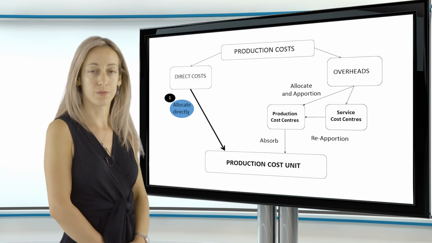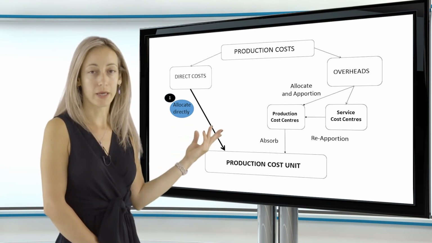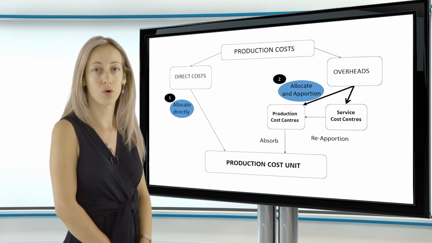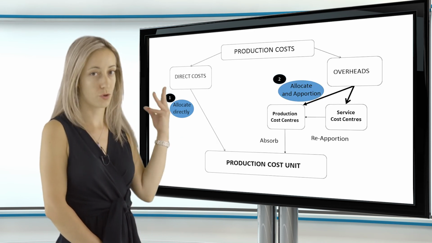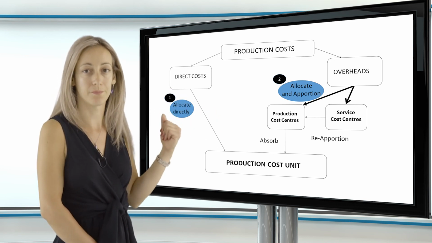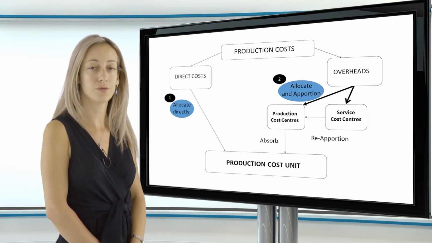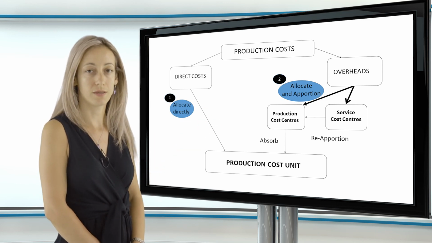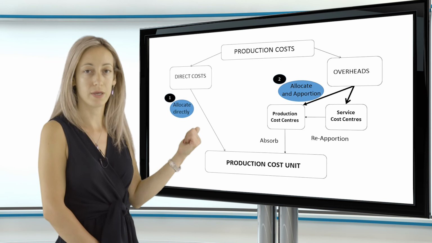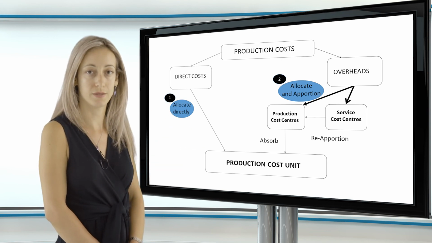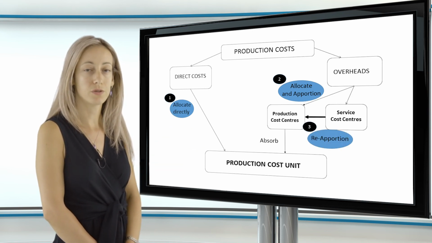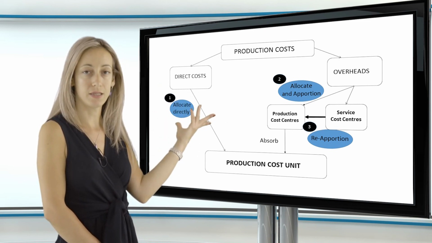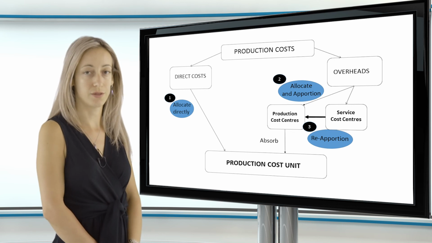So the big picture in absorption costing looks something like this. First of all, we start with all direct costs and allocate them directly to the cost unit. Next thing, we look at all the indirect costs and the cost centers which have incurred them. We have to divide those indirect costs in a fair way between the cost centers. That's step number 2, which we call allocate and apportion the overheads. Then we look at the service cost centers. We take the cost out of them and we divide it in between the production cost centers only.